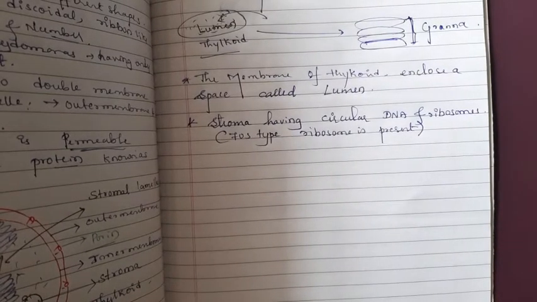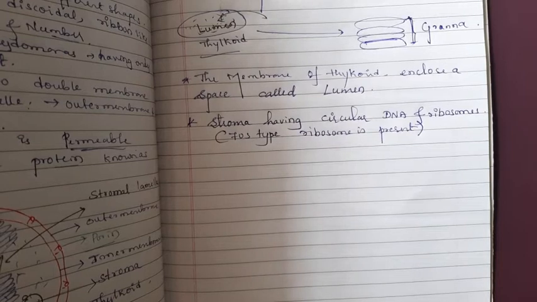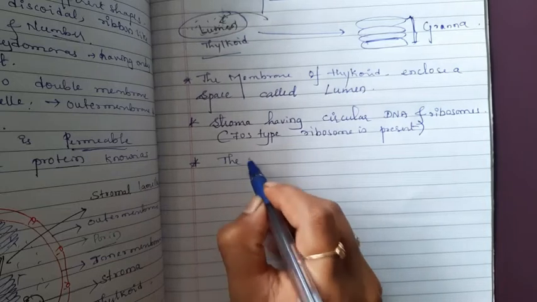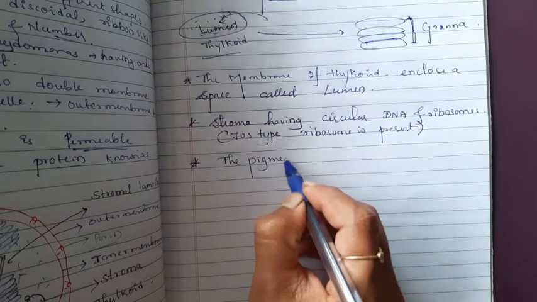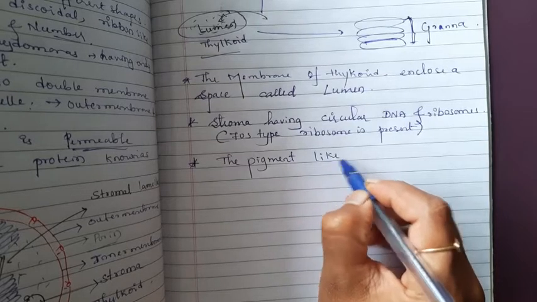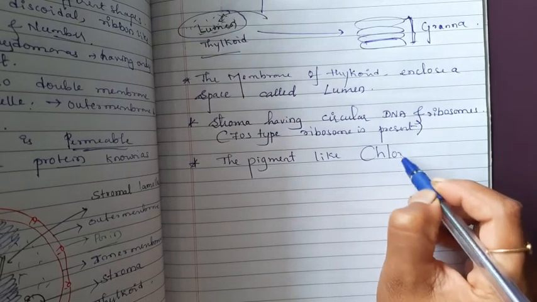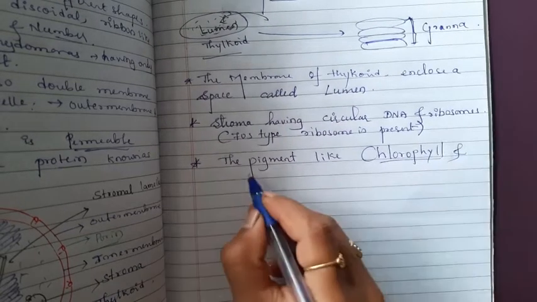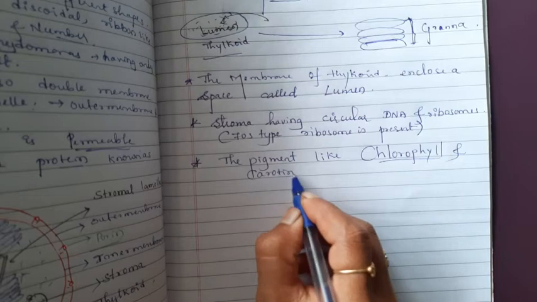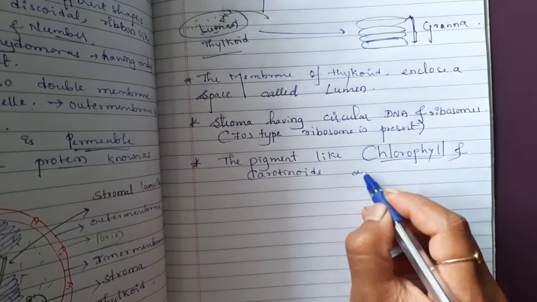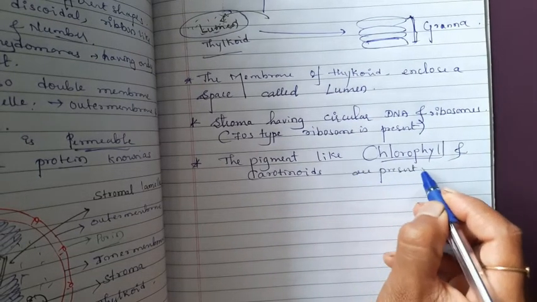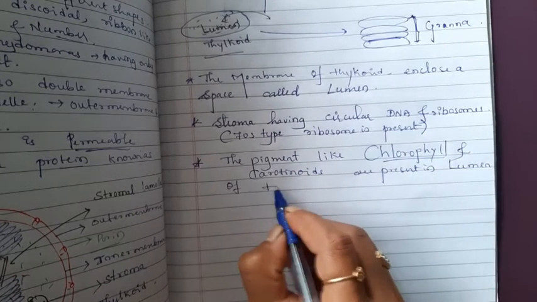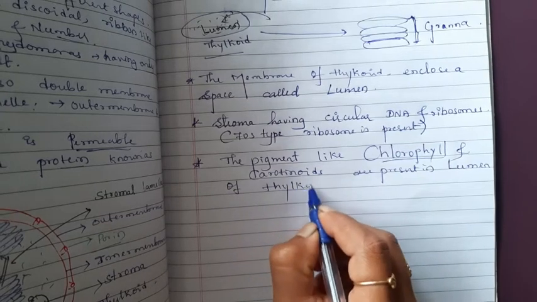Then chlorophyll pigment which is present in the thylakoid lumen. The pigments like chlorophyll and carotenoids are present in the lumen of thylakoid.